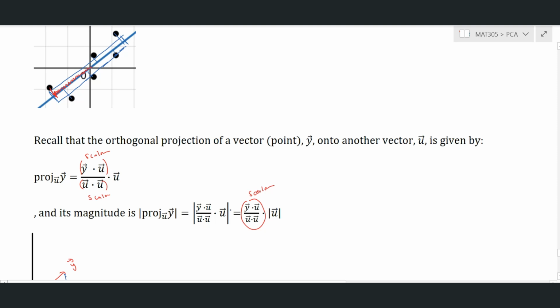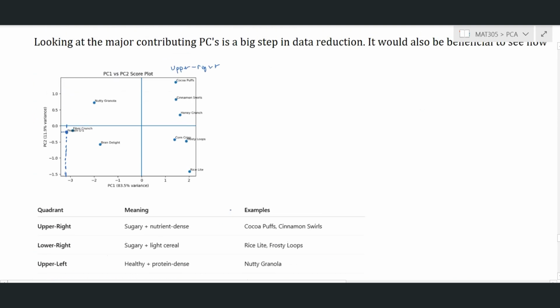And notice that we can classify all of our cereals into this graph, which gives us powerful information about which cereal we should choose. So we're going to be choosing Fiber Crunch, Bran Delight, Protein O's, more likely than we would something like Cinnamon Swirls if we were focusing on being health conscious.